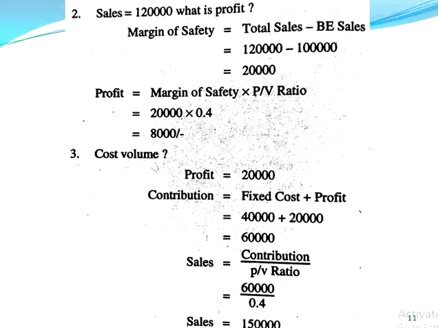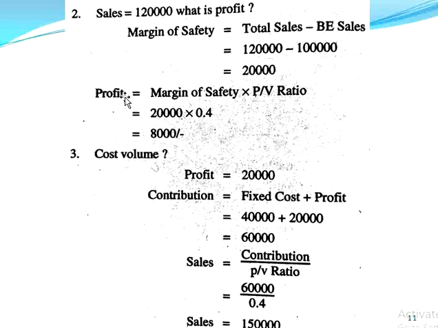Then the sale condition is given: sale 1,20,000. What is the profit? Margin of safety is total sale minus sale at break-even point. Our sale is 1,20,000 and break-even point is 1 lakh, so the margin of safety is 20,000.